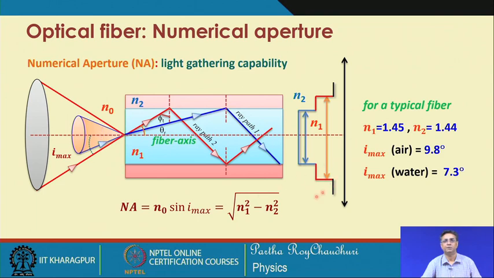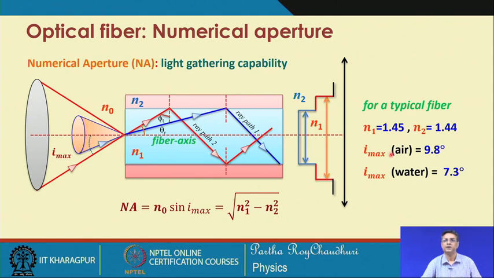You can represent this mathematically: the numerical aperture, square root of n1 squared minus n2 squared, is equal to n0 sin i max, the maximum angle allowed for the rays to be guided into the structure.